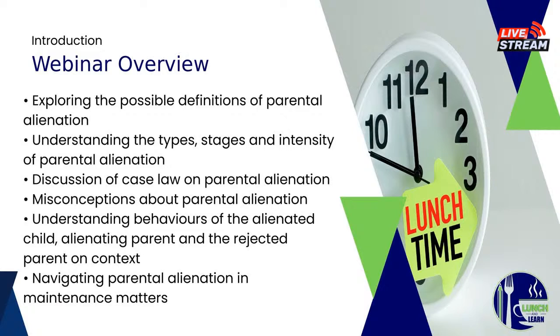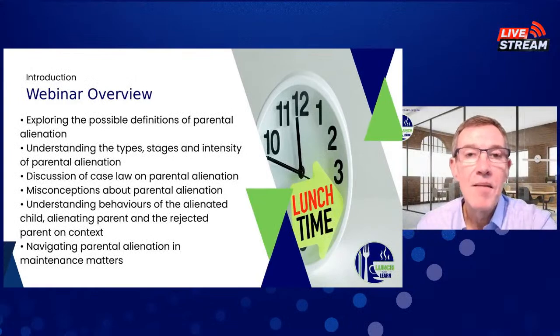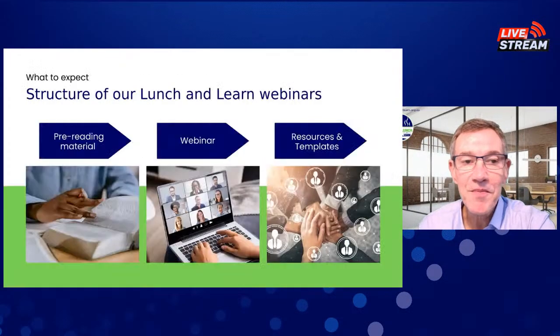We'll be addressing some misconceptions about what parental alienation is and what it is not, and giving you some understanding of the behaviors of the alienated child, the alienated parent, as well as the rejected parent in the context of parental alienation. And then briefly, we'll be discussing the ways to navigate parental alienation when it comes to maintenance matters.